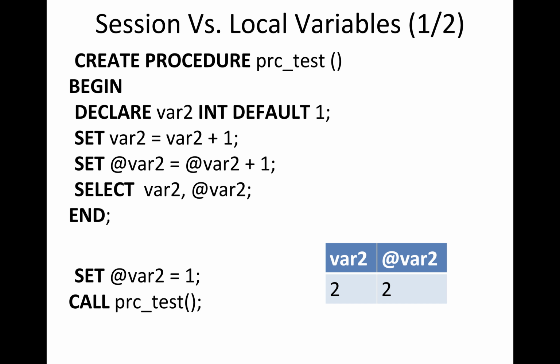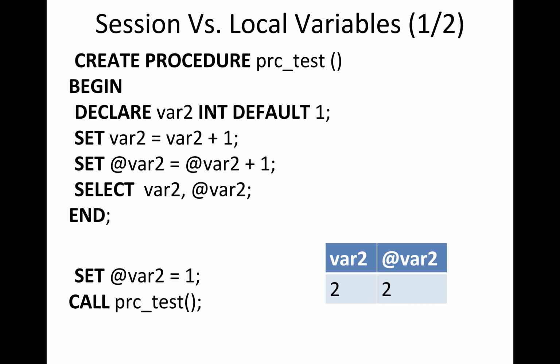We are updating it, and then what are we doing here? var2 is being initialized to be 1. We increment it to 2, and then we're setting variable 2 to be var2, which is 1 at first. We're incrementing. Okay, so we're able to see the global variable 2 even within the procedure, right?